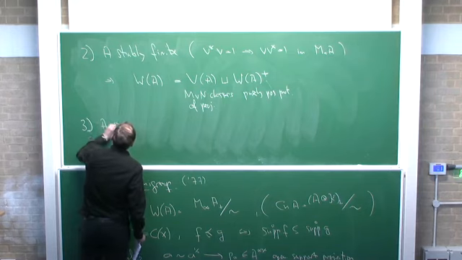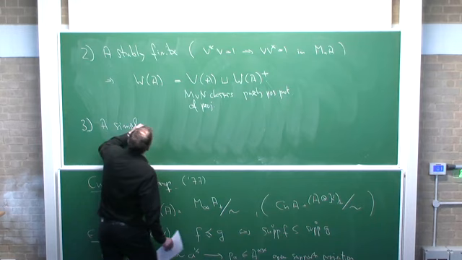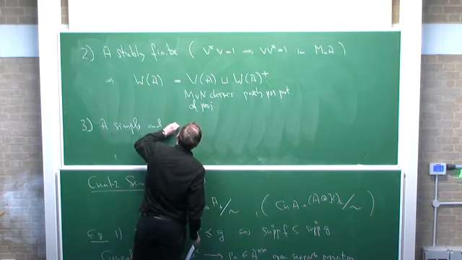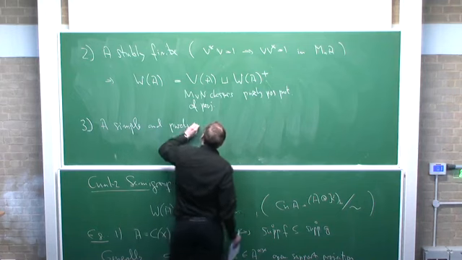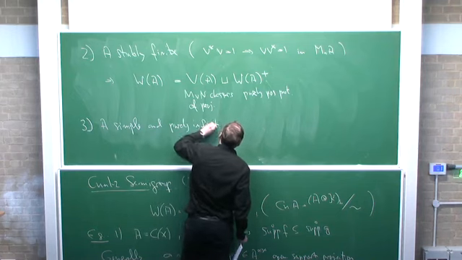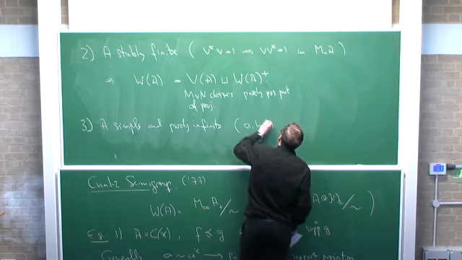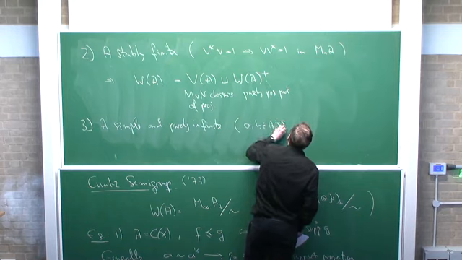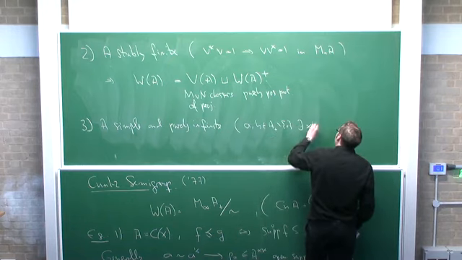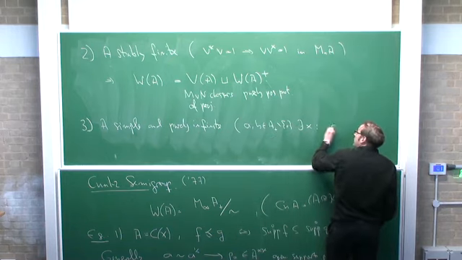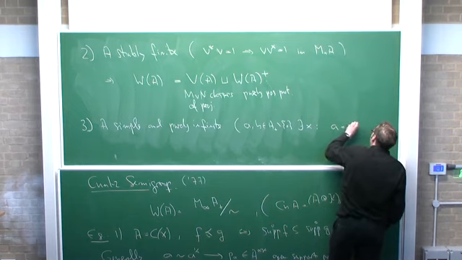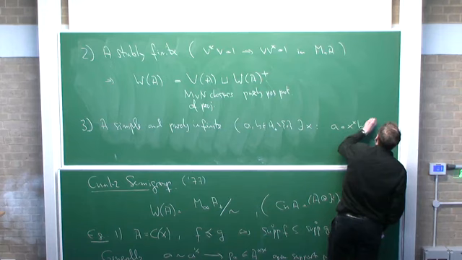So if A is simple and purely infinite, that means whenever you take a and b in A plus without 0, then there exists an x such that a is equal to x star b x.